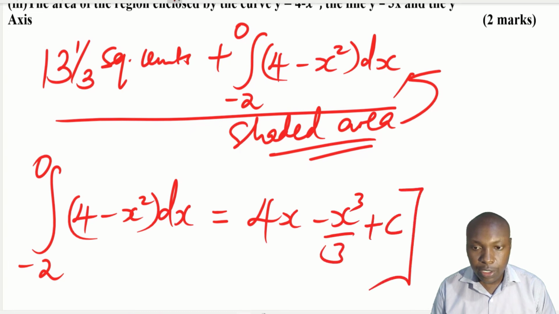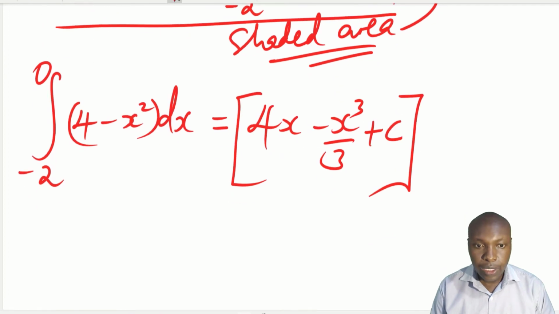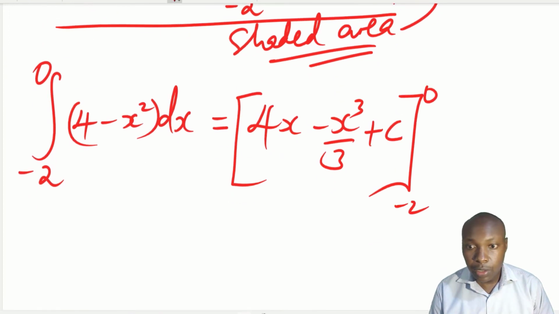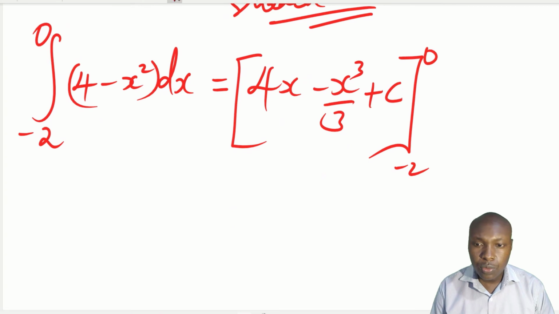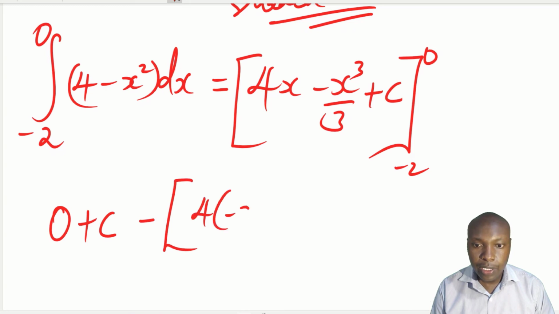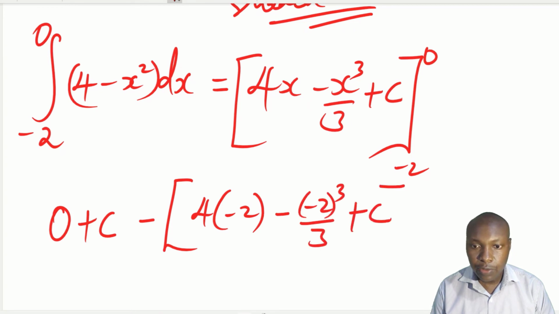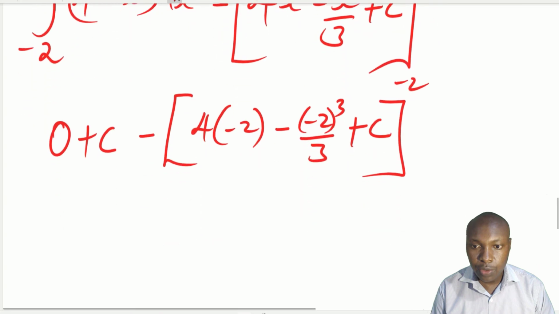When you integrate these, we get 4x minus x cubed over 3. We had done this before. The limits are from negative 2 to 0. When you substitute 0, we get 0 plus c. Then you substitute negative 2, the other limit, that is 4 multiplied by negative 2, subtract negative 2 cubed divided by 3, plus c.